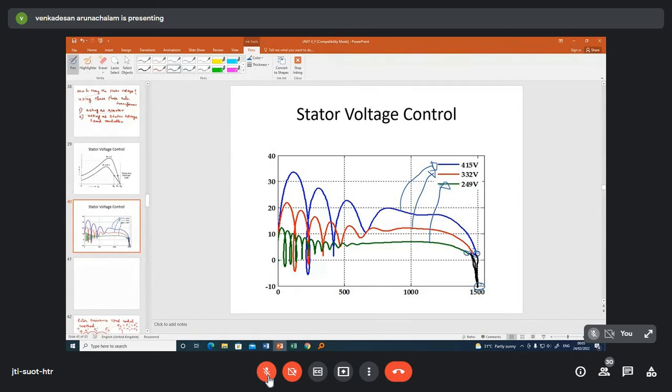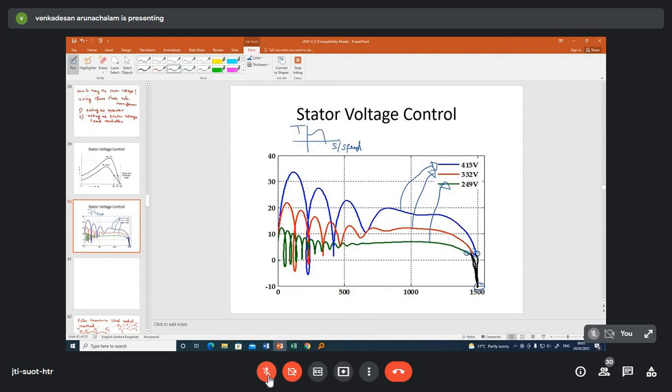But here one thing you can observe is that the torque speed or slip characteristics we have drawn very smoothly like this.